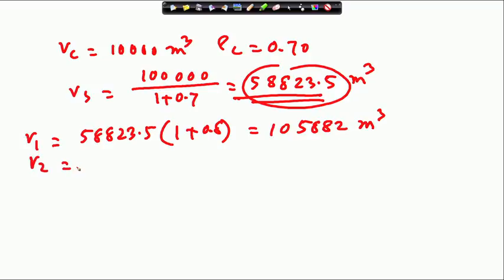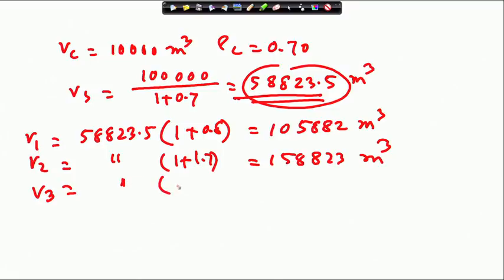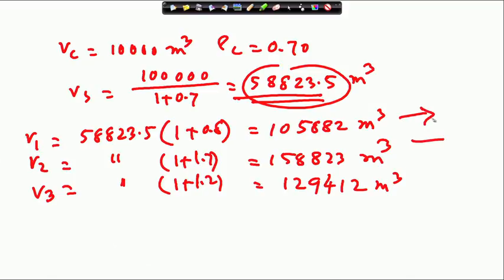Similarly, I can get V2, this into 1 plus 1.7, this gives you 158,823 meter cube, and then V3 will be equal to this into 1 plus 1.2, this gives you 129,412 meter cube. So, from different sites, a different quantity will be required: this from site 1, this much from the second site, and this much from the third site.